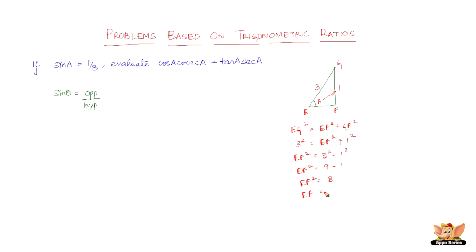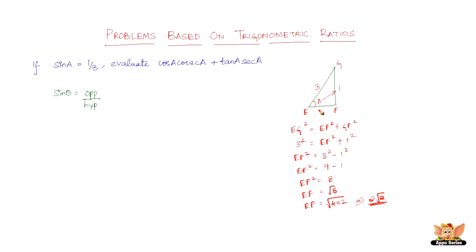So EF equals root of 8, or we can further simplify this: root of 8 can be written as root of 4 times 2, and you know that root of 4 is 2 and root 2 doesn't have an exact root. It becomes an irrational number, so we keep it as root 2. So the value of root 8 can be written as 2 root 2.